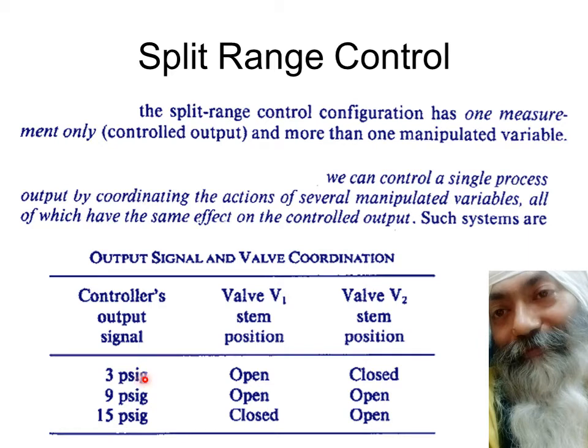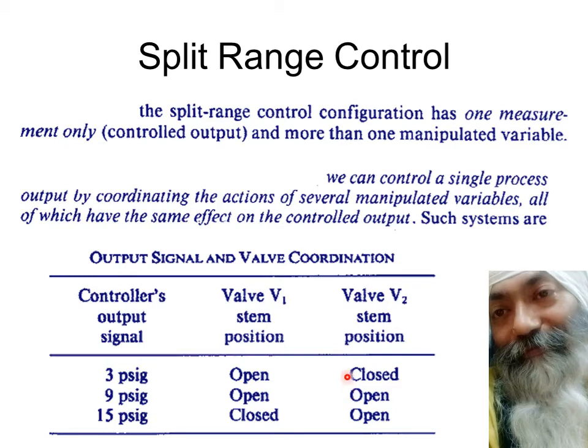The first range is 3 to 9 psi. The second range is 9 to 15 psi. In 3 to 9 psi, nothing happens to valve V1. It was open here, it is open here, but valve V2, the second manipulated variable, starts opening, and it fully opens to this point.